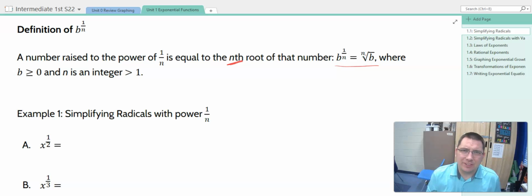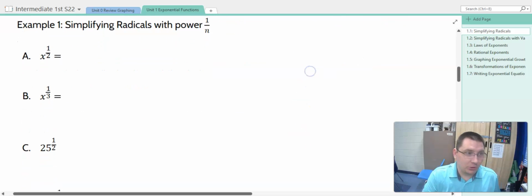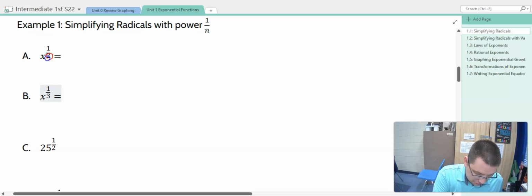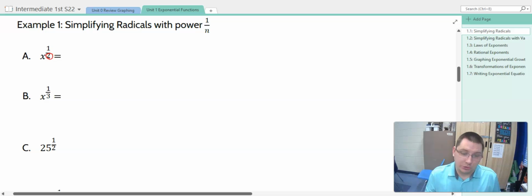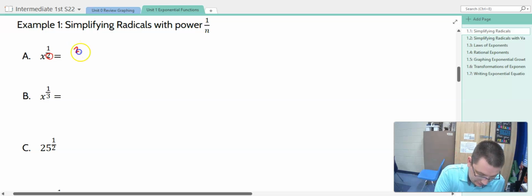And so let's look at a couple of examples on how we simplify these and convert them from exponential form into radical form. In example A, 1a here, x to the 1/2 power. Well, this 2 becomes the root that I'm taking. And so I'd have the second root of x.